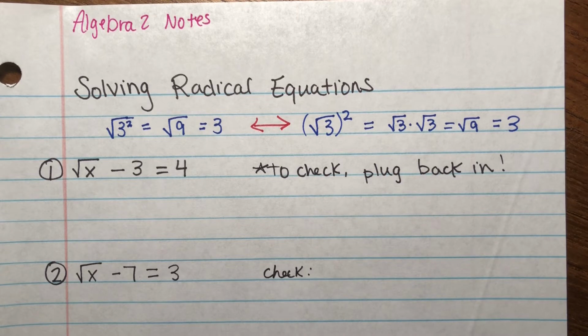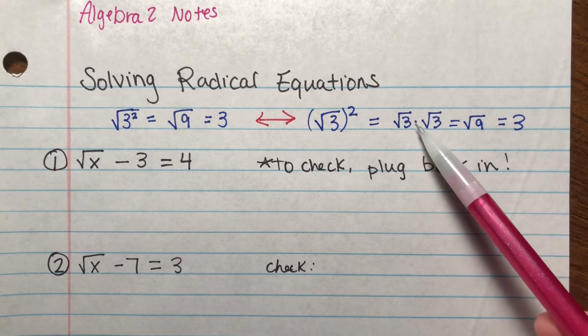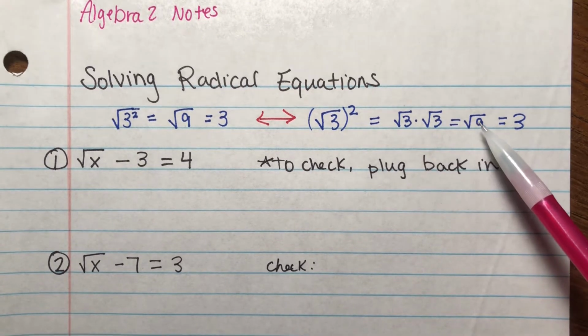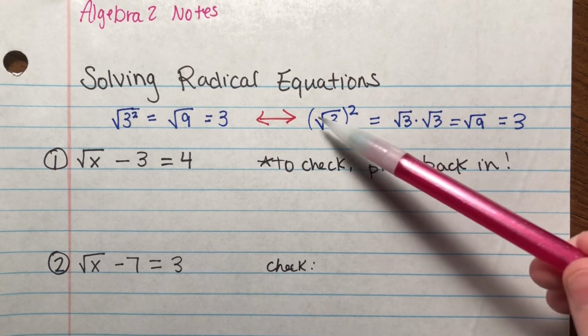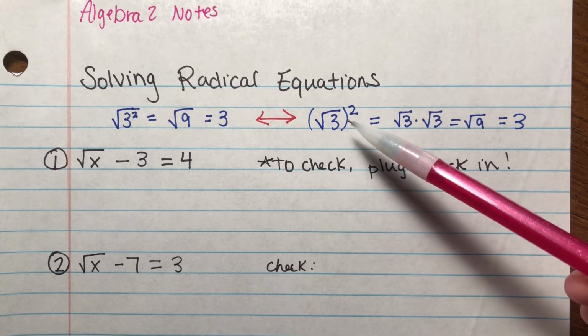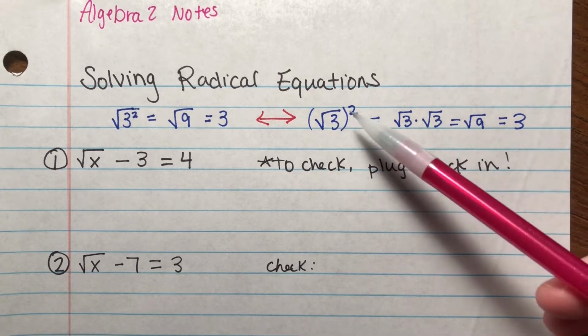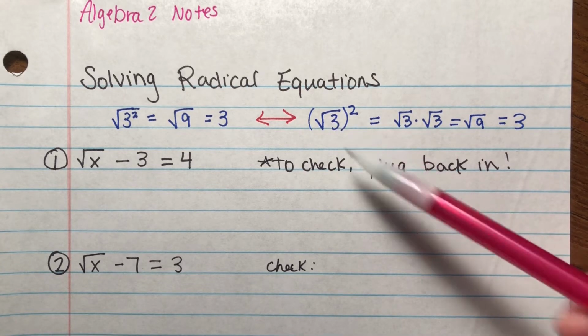Because anything squared, it's just itself multiplied by itself. So square root of 3 times square root of 3 would give me 9. And that's just going to give me 3. So basically, if I square a radical, my answer is going to be whatever's inside the radical.